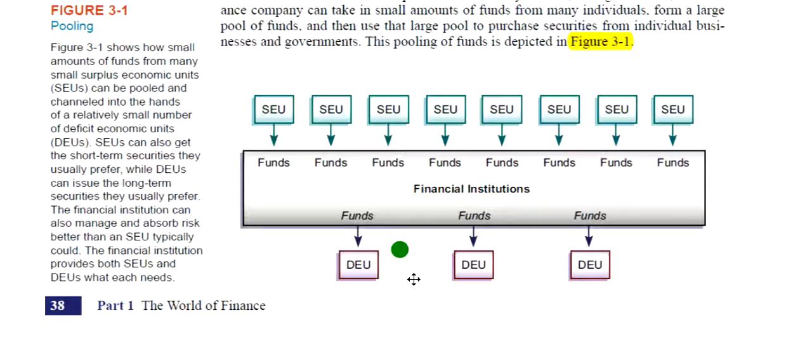Now, the other way this could work for the DEUs is that they could get their financing through equity. Equity simply means that they sell shares in their company, and that's how they get the money they need to operate.